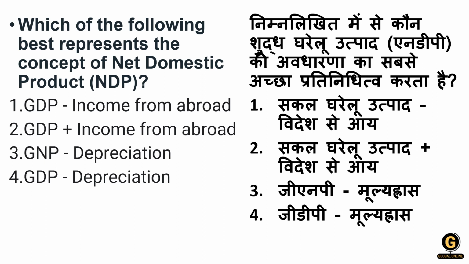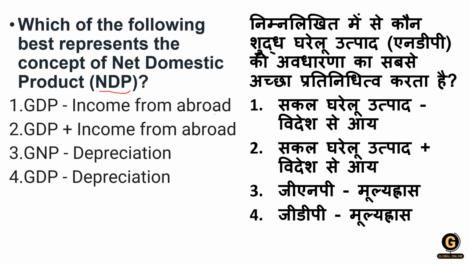The first question of today's session is, which of the following best represents the concept of net domestic product, that is NDP. The options are: GDP minus income from abroad, what do we get? GNP.